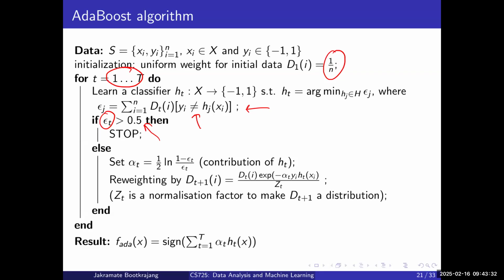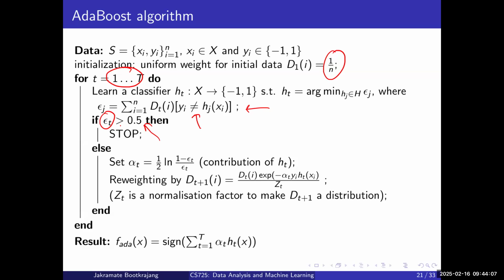When we reach the point that the error rate is greater than 0.5, there's no point in creating more, because if you cannot get better at this iteration, the next iteration is not going to help. That makes sure that each one of them is better than chance.